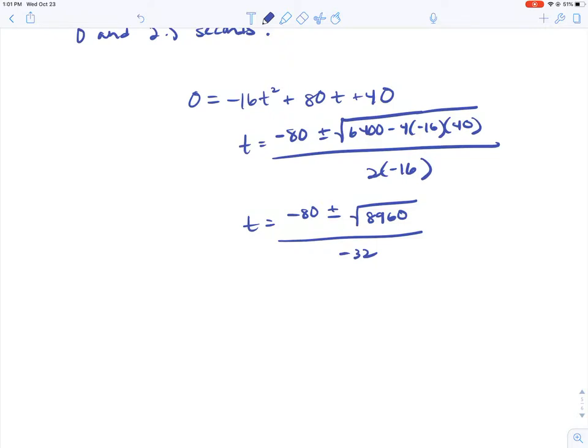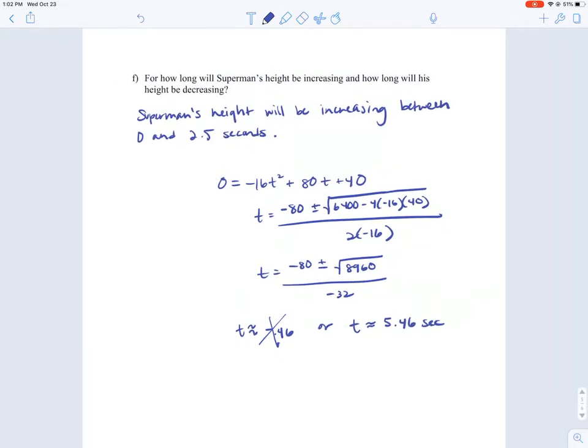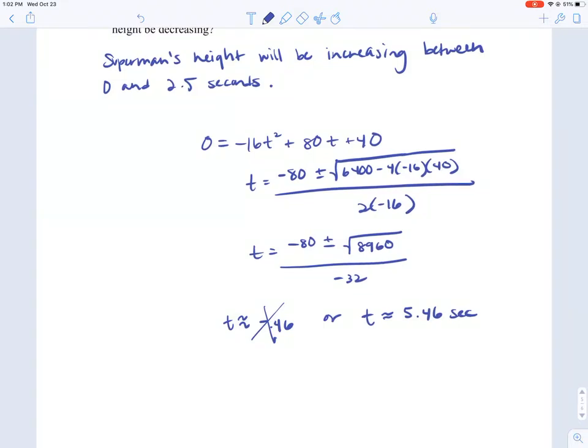When I type that into my calculator, I get t is approximately negative 0.46, which doesn't make sense as a time, or t is equal to 5.46 seconds. So Superman's height will be decreasing between 2.5 and 5.46 seconds.